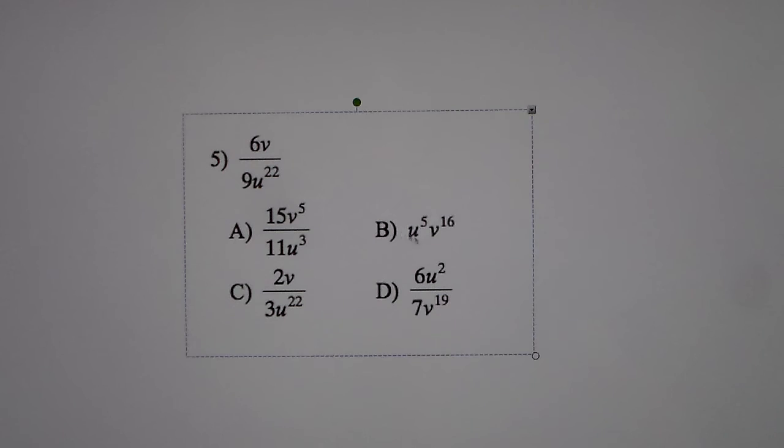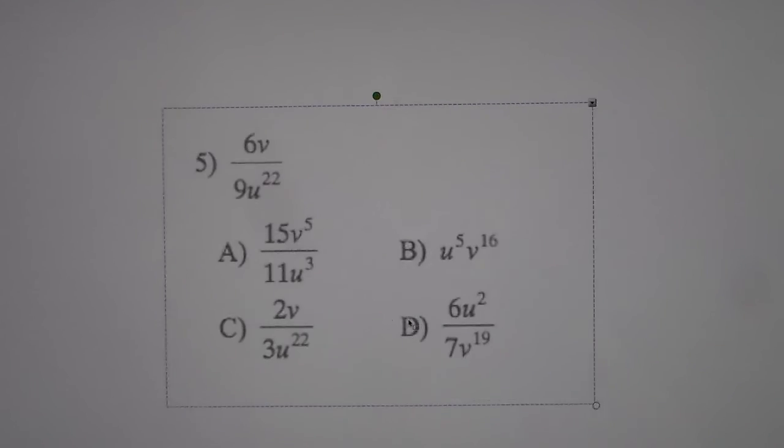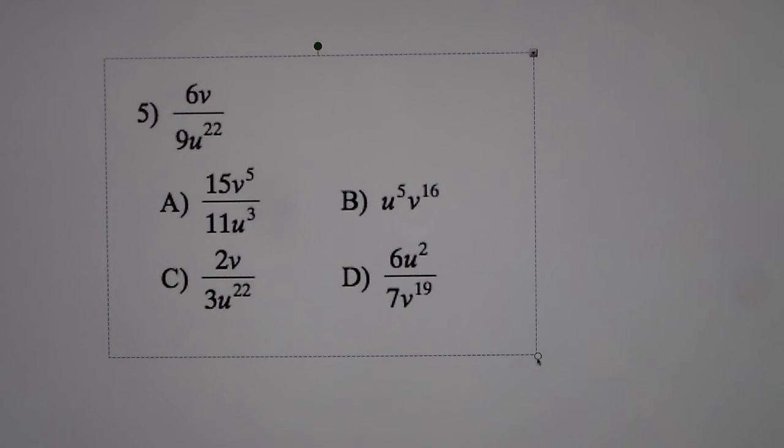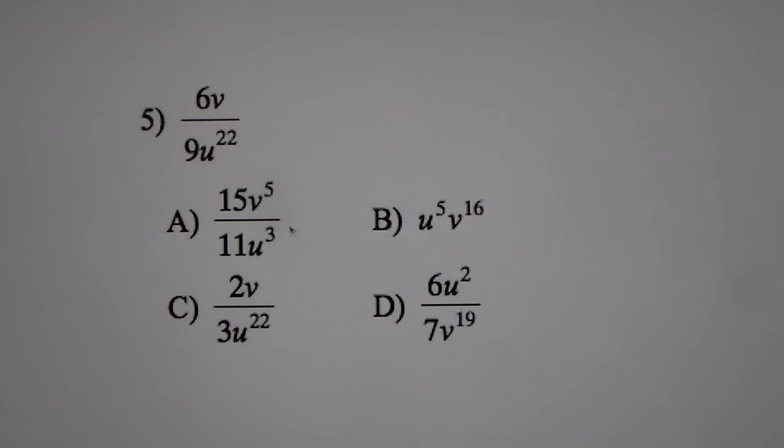Look at that, problem number 5. You've got that same scenario again, where we have a V and a U. Those are two different letters. When there are two different letters, you can't do any subtraction or simplifying, because there are two different variables. However, 6 divided by 9, you guys know you could simplify that a little bit further.